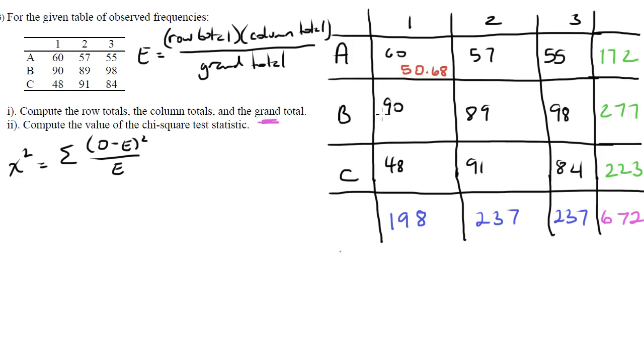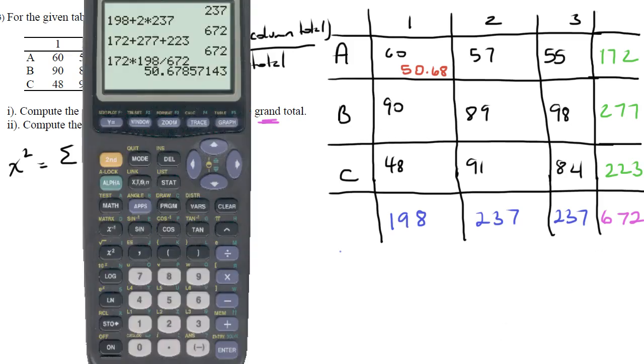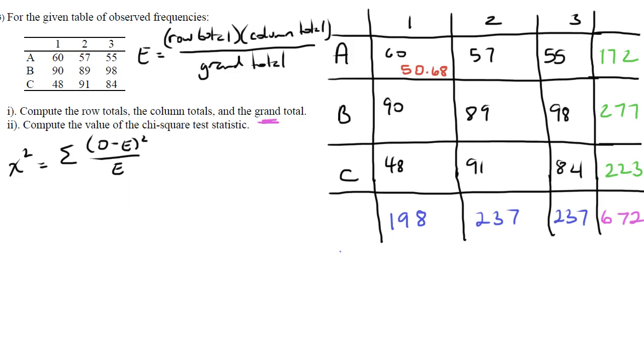For this cell here, row total times column total divided by total. There's a quicker way to do this. I will show it to you, but I want to show you this process too. 277 times 198 divided by 672. 81.62. Again, these are the expected values here.